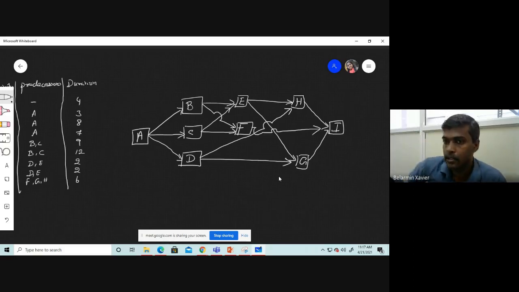Okay, so this is the way the diagram will come. So we have to rearrange it once again and make it visible very clearly.